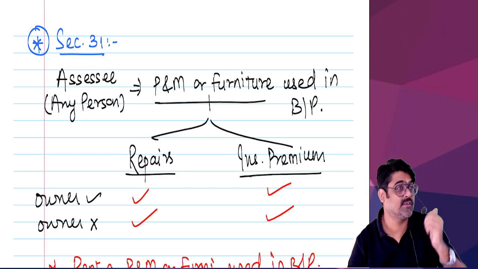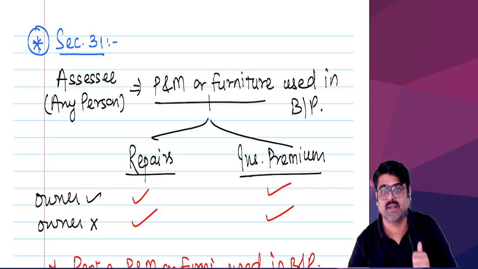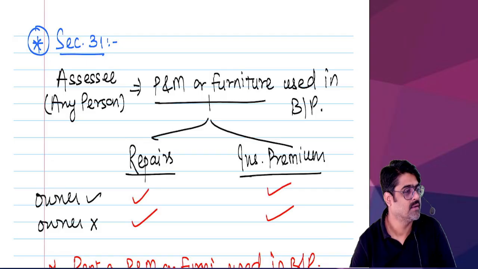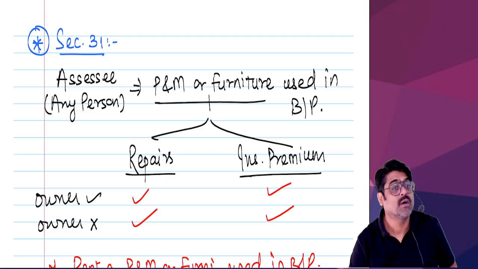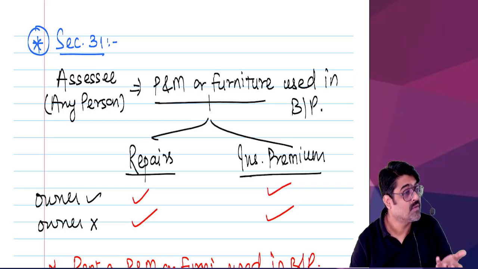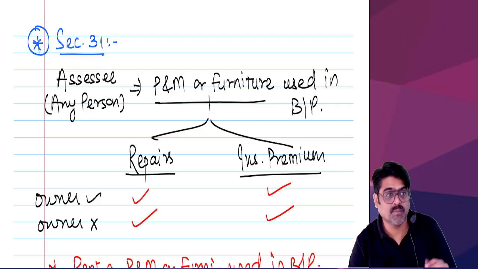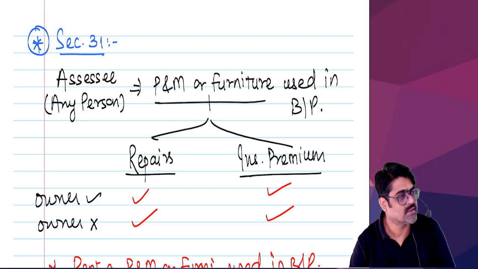This projector, this camera, this computer screen, the benches on which you are sitting, this table, this chair. What are these assets? These are plant and machinery and furniture used in my business or profession. So expenses related to these assets will also be your business expense. You can claim them as a deduction.